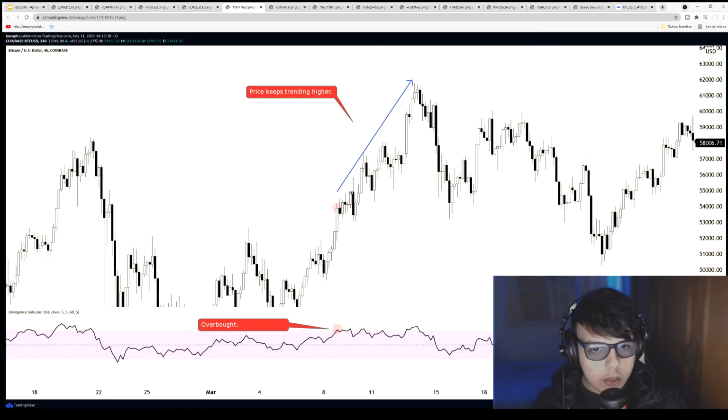And if you take a look at the price action at the same time, you see that the price kept trending higher, and the RSI kept moving into the overbought area many more times, and eventually we hit a point where the price came back and reversed. All right, so this is another example of situations where the price is still moving up even after we hit an overbought state.